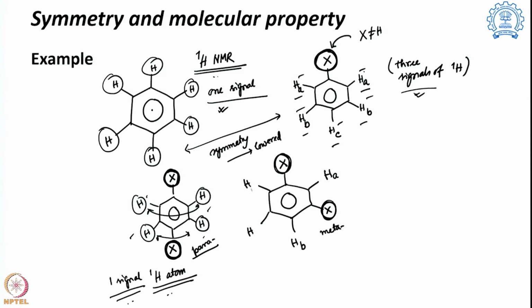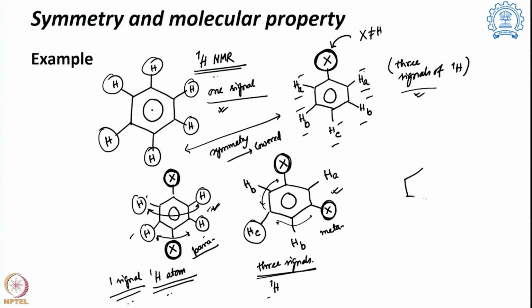This one is the other one, which is para to one of the X and ortho to the other, and this H, which is also unique because it is meta to both the X's. So over here we are also getting 3 signals, and this molecule has lower symmetry compared to the previous one, and as we change the symmetry we are changing the number of proton signals also.